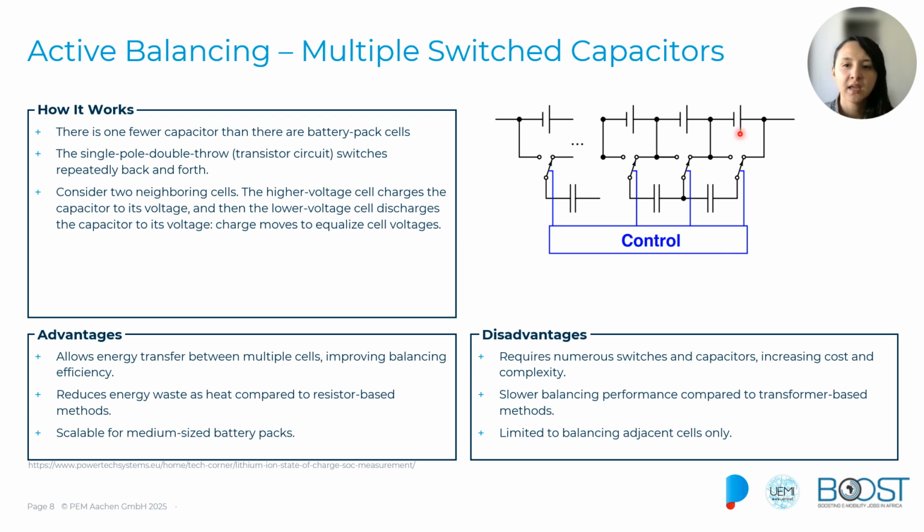So, for instance, if this is the cell that has the maximum energy, and this one is the cell that has the minimum energy, the cells are going to start sharing between adjacent cells until enough energy is transferred to this one that is far away. But this takes a lot of steps, transferring from one cell to the next one, and from that one to the next one, and so on until it reaches the target cell.